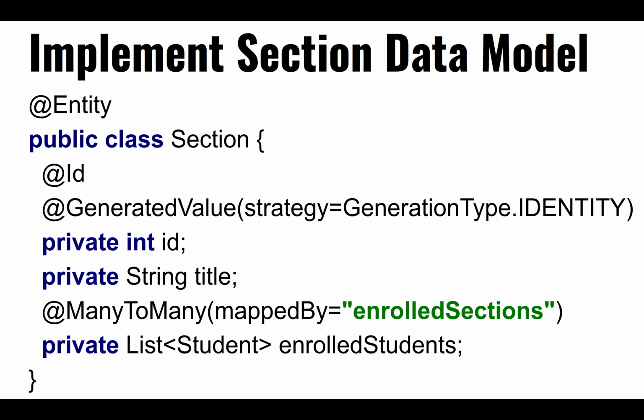Same thing with the section. The section would be in a one-to-many with the enrollment, and the enrollment would be in a many-to-one with the section. So the enrollment now would have two many-to-ones, one with the student and one with the section. The student would have a list of enrollments, and the section would have a list of enrollments, but the section would not have a list of students, and the student would not have a list of sections.